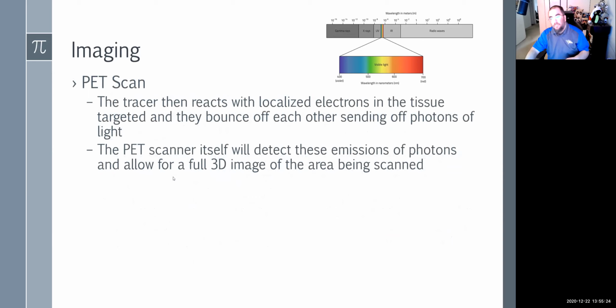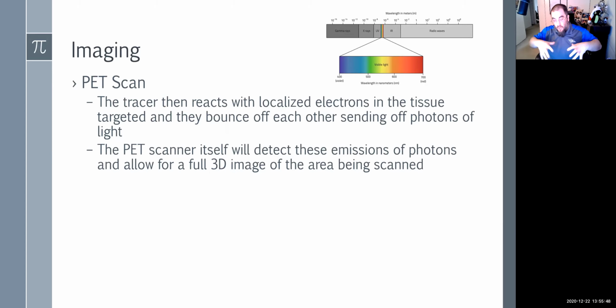The tracer reacts with localized electrons in the tissue targeted. They bounce off each other and they send off photons. And those photons we know don't carry a lot of baggage because they're traveling light. The PET scanner itself around the patient will detect those photons being emitted, hence positron emission technology, right?